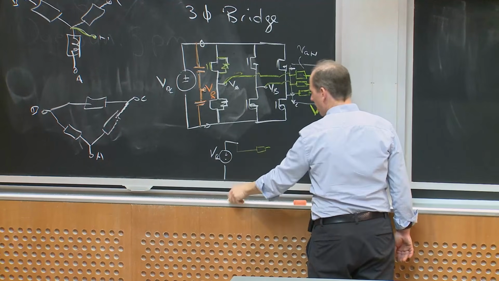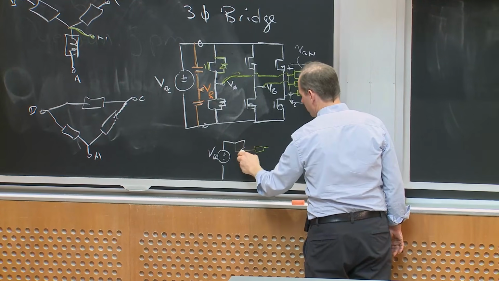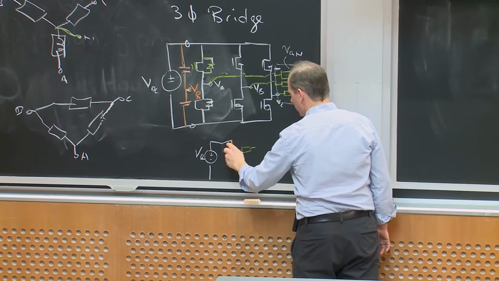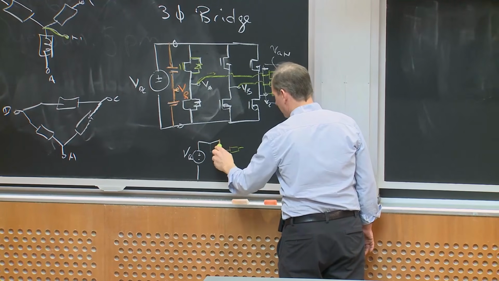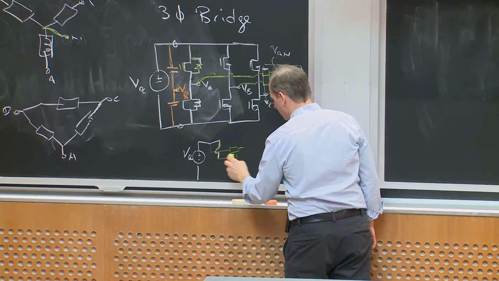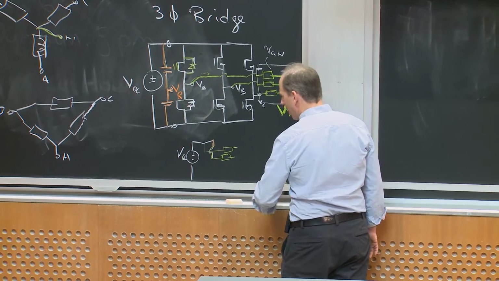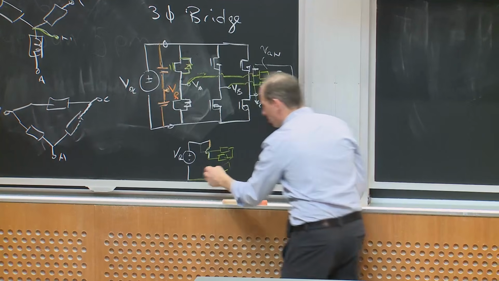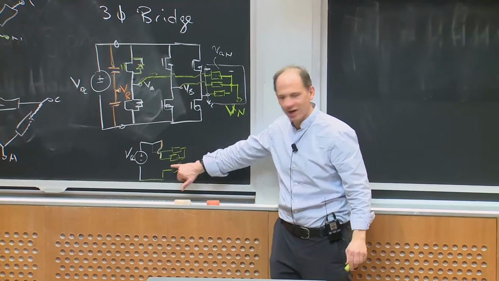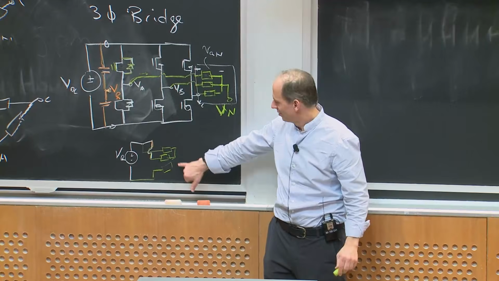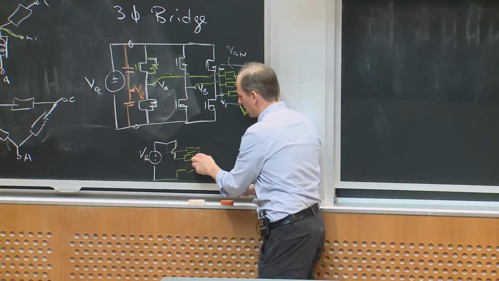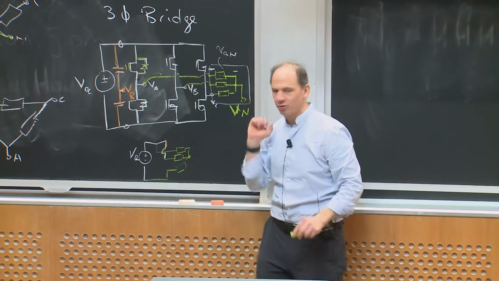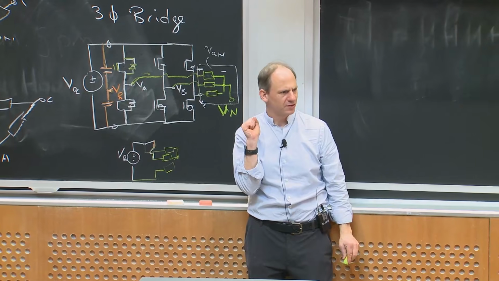If the top switch is on here, I tie this guy to the top. And if the last guy has the bottom switch on, I tie him to the bottom, right? So if I have 2 to the top and 1 to the bottom, this node voltage, if these green boxes are all equal impedances, will be 2/3 of the way to the top by voltage division. Does that make sense?